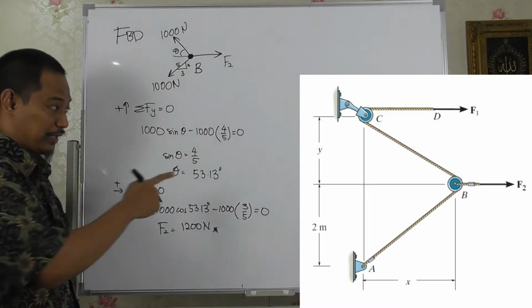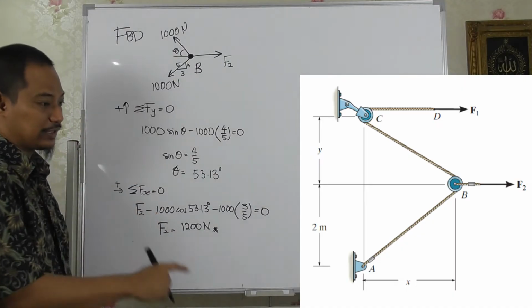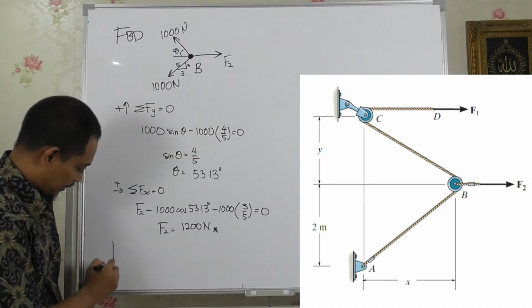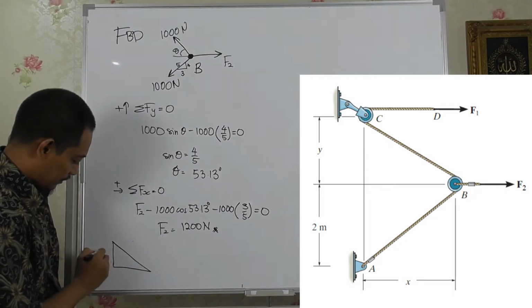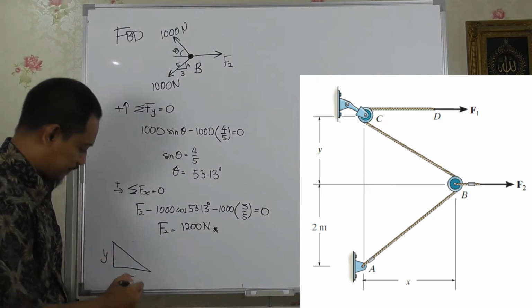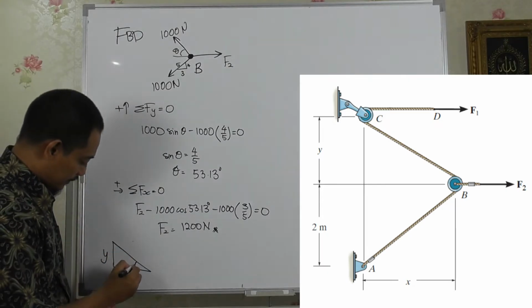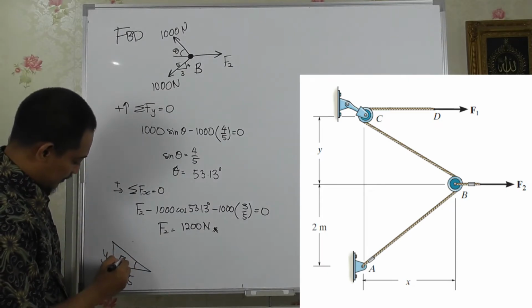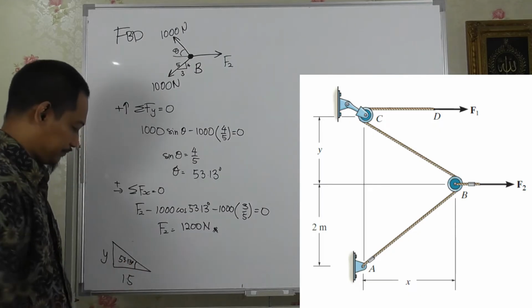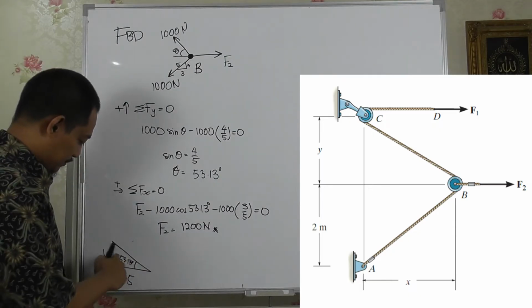Next you need to find y according to the diagram. So this is just a triangle. You have the triangle, this is y, this is 1.5, x is given as 1.5 earlier. And we know already this angle is 53.13 degrees. So it is simply, you can use tangent.